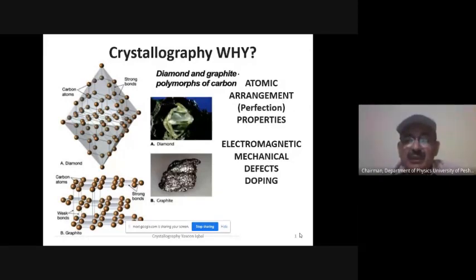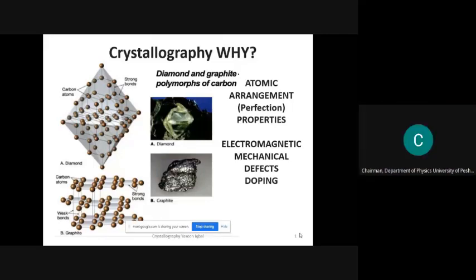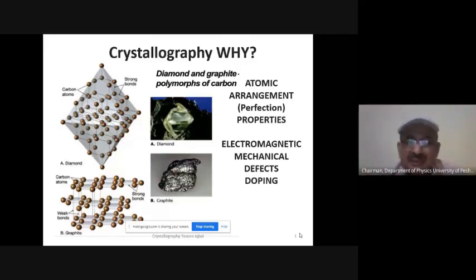You can convert an insulator into a semiconductor, a semiconductor into an insulator, a semiconductor into a good conductor. So you can engineer your material according to your need. So you tailor the property.